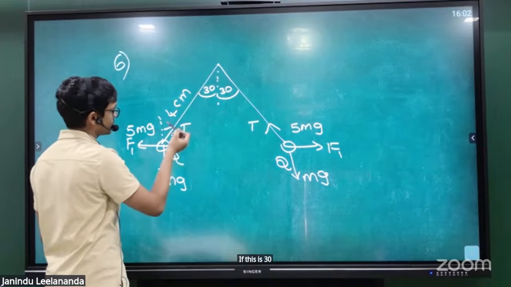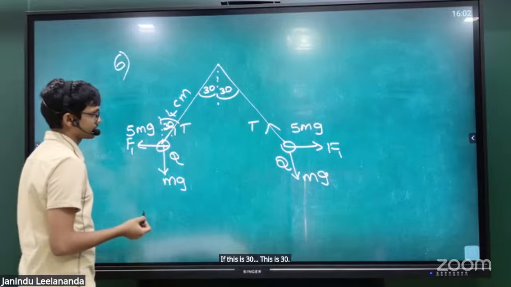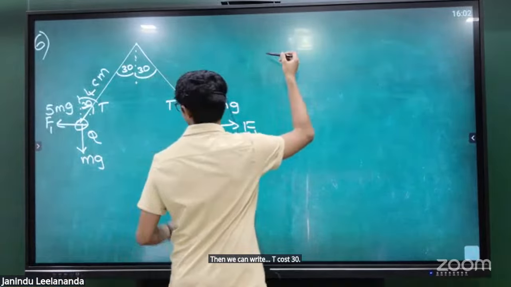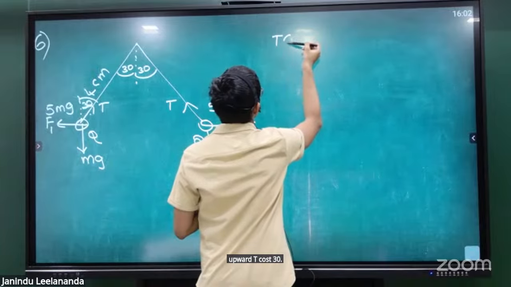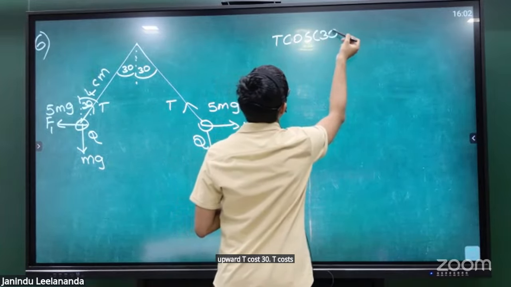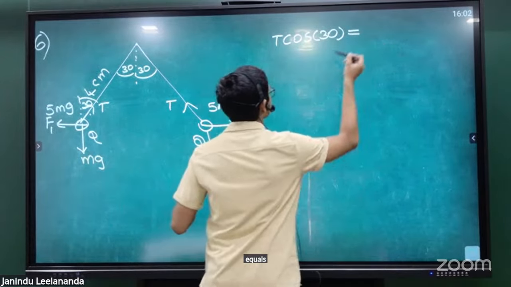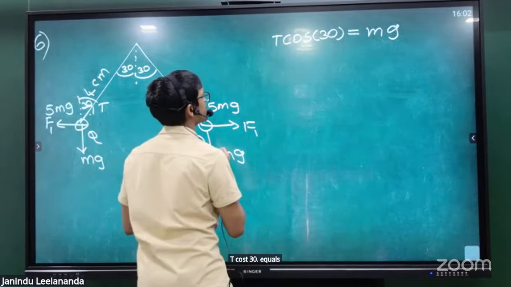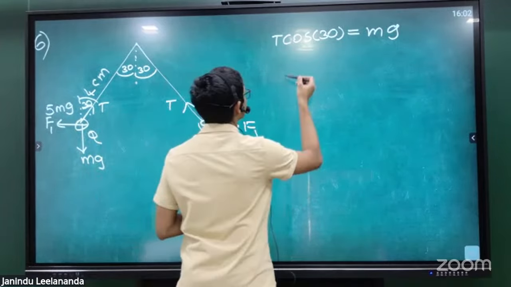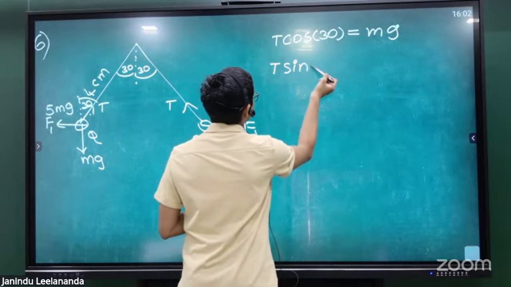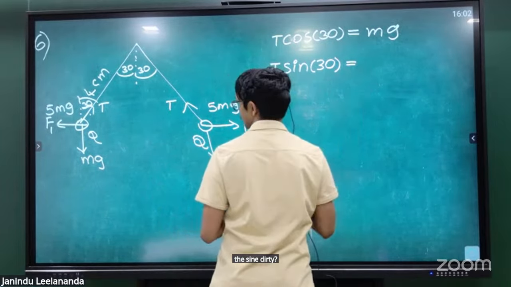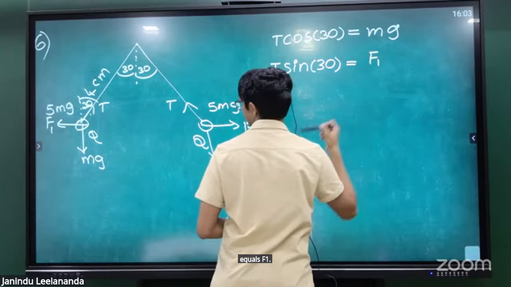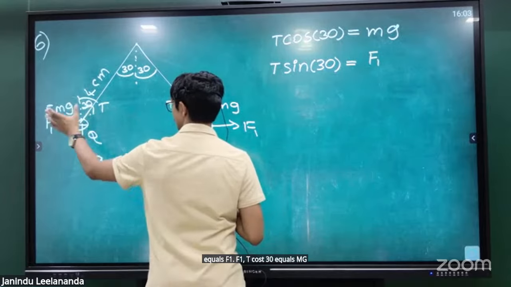If this is 30, this is 30, then we can write T cos 30 upward, T cos 30 equals mg, and T sin 30 equals F1. T cos 30 equals mg, T sin 30 equals F1.